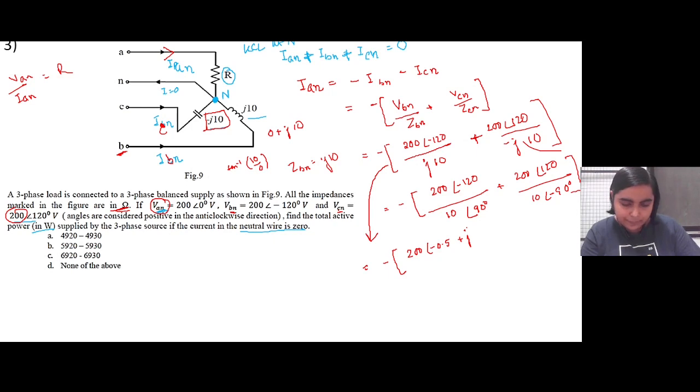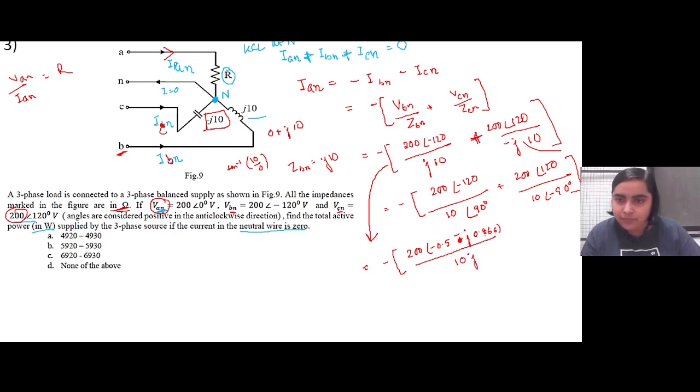Sine minus 120 is minus 0.866, since you have to add here anyway with the other component. So we can write it this way also.